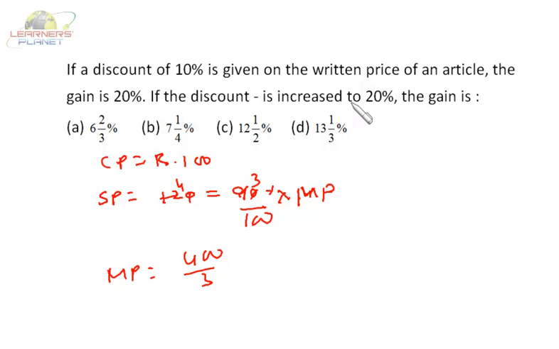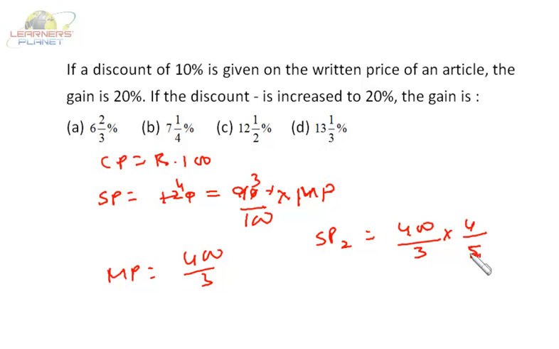Now if the discount is increased to 20%, what is the profit percent? Now discount will be given on the mark price. If we wish to give 20% discount, that means we are selling it at 80% of the mark price. So the new selling price is 80% of this price, or we can say 4 by 5 of this price.